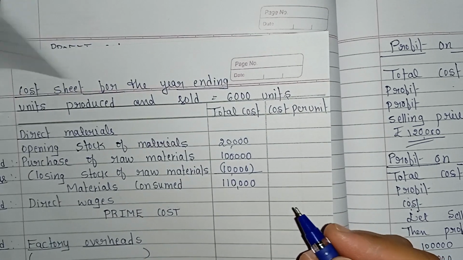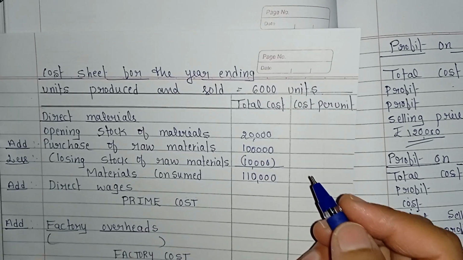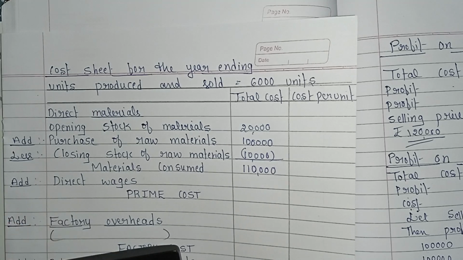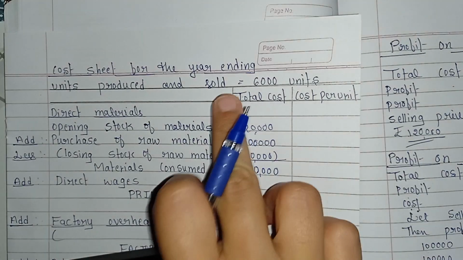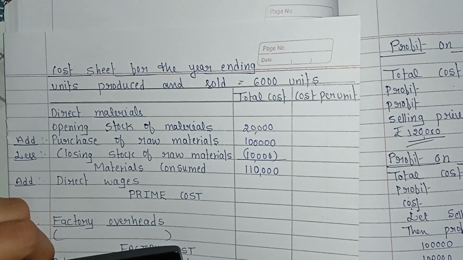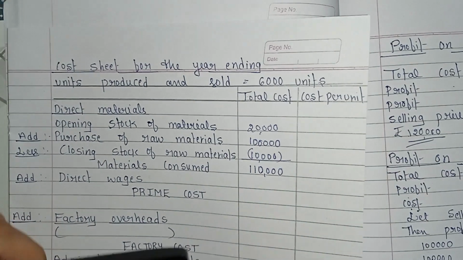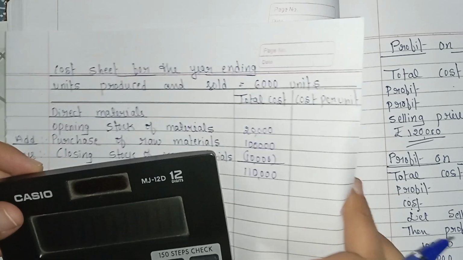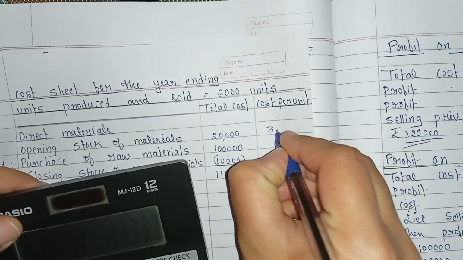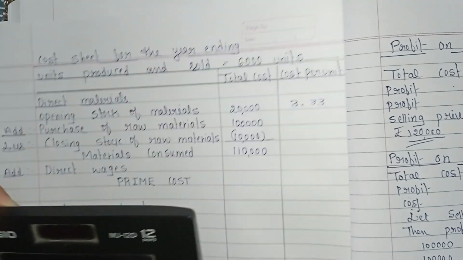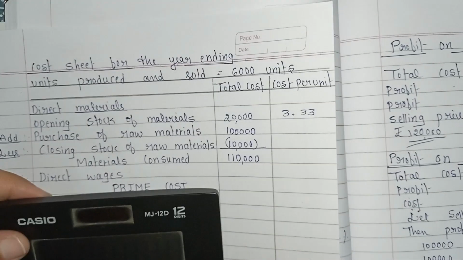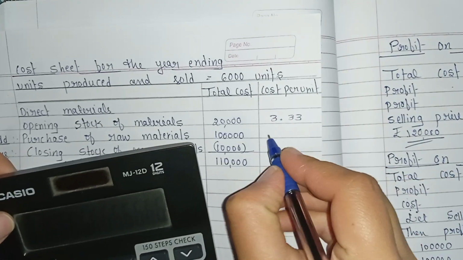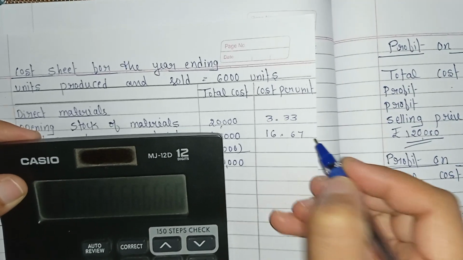Now we will calculate the cost per unit. Opening stock of raw materials 20,000 and units produced 6,000 units. 20,000 divided by 6,000 is 3.33. Purchase of raw materials 1 lakh divided by 6,000 is 16.67.